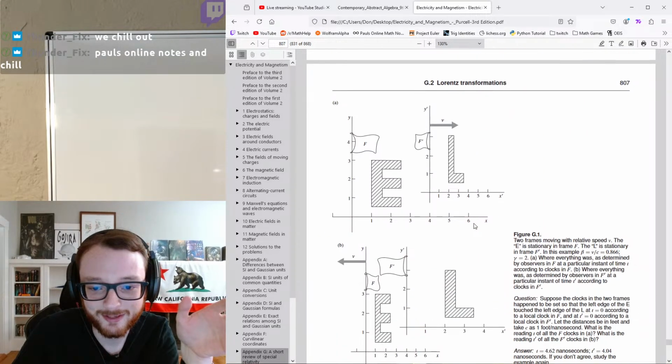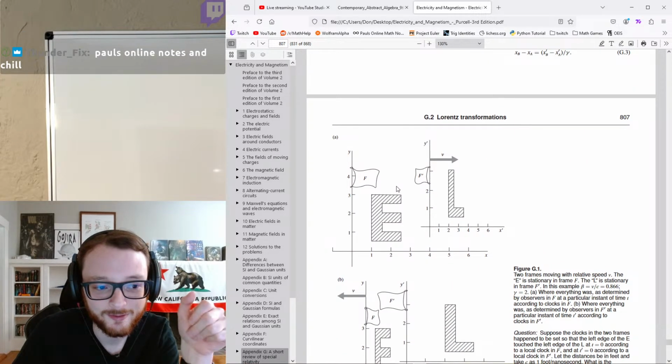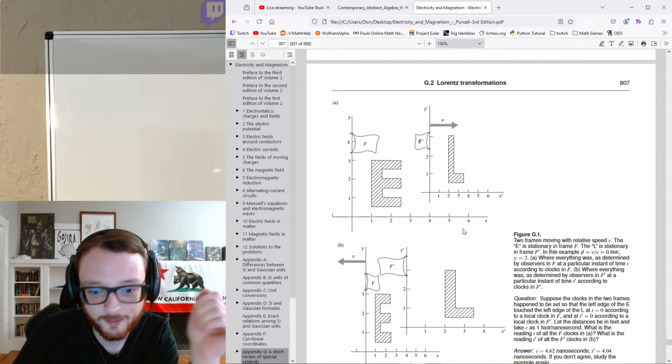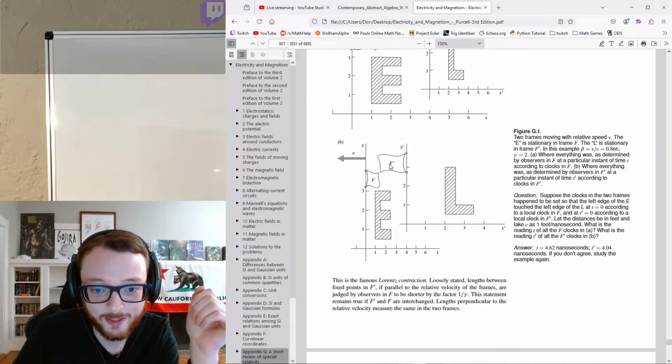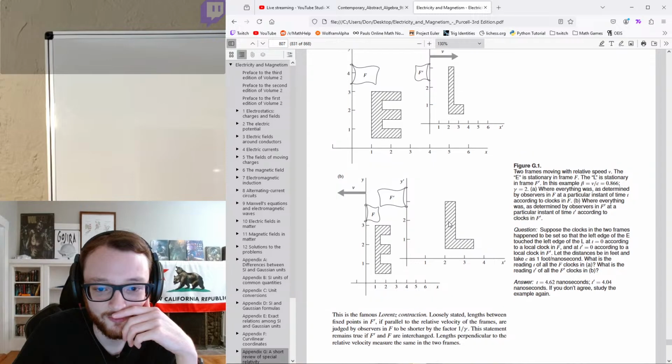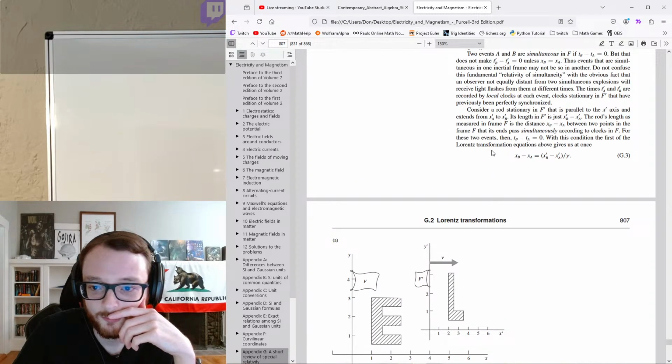But if you have F and F prime as 2 different frames of reference, and they're moving away from each other, an observer in frame F would perceive an observer in frame F prime as moving away. But an observer in F prime would think that it's actually F that's moving away in the opposite direction.